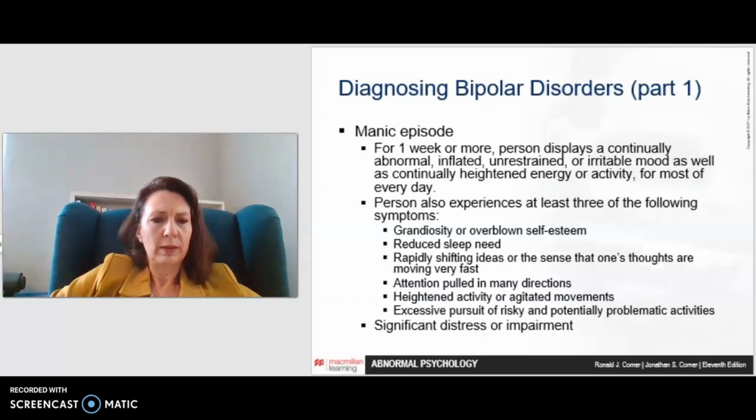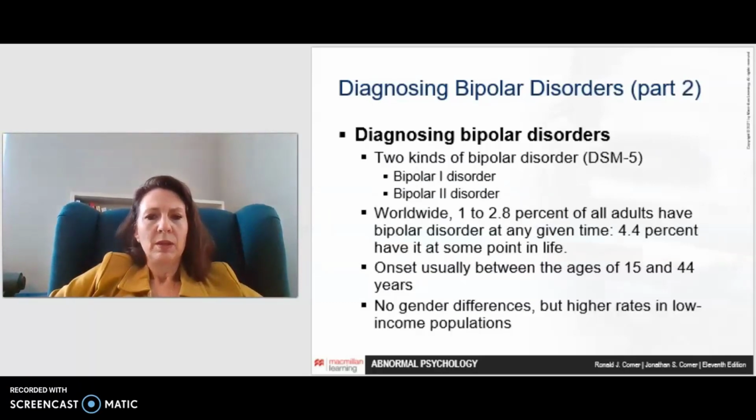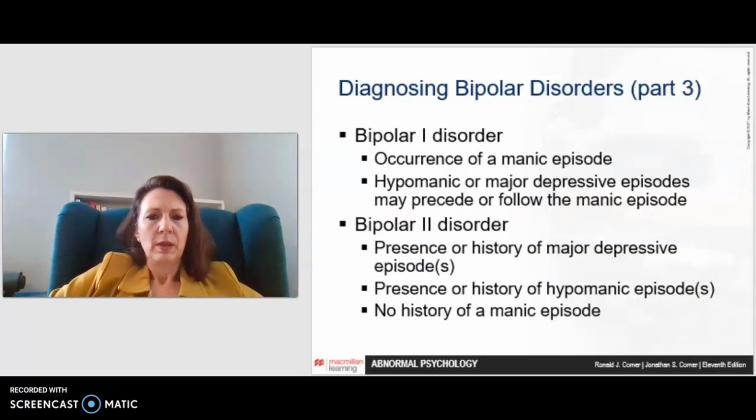So it's problematic. There are 2 kinds of bipolar disorder in the DSM-5, bipolar 1 and bipolar 2. Worldwide, up to 2.8% of all adults have bipolar disorder at a given time, and 4.4% have it sometime in life. Onset is usually between 15 and 44, and there are no gender differences but higher rates in low-income populations.